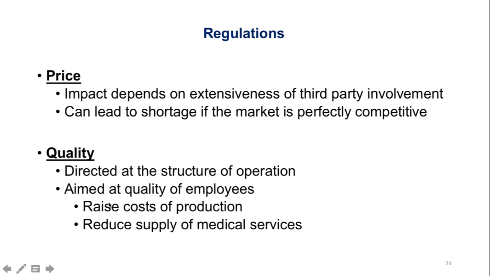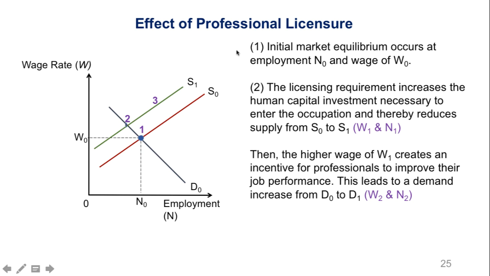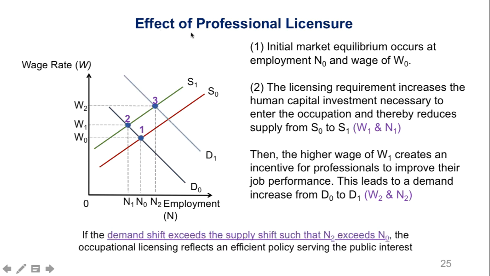Regulation aimed at the quality of the employees raises the cost of production and can actually reduce the supply of medical services. So the regulation can target the price or the quality, and it depends on the target.